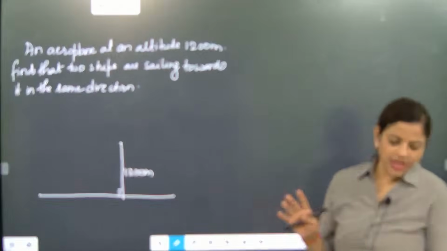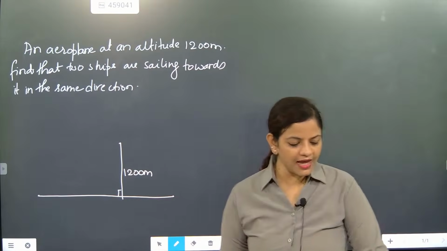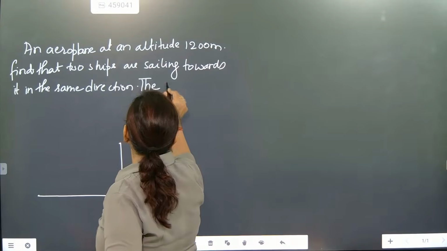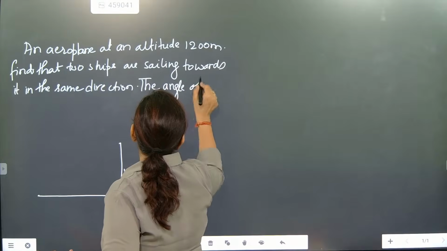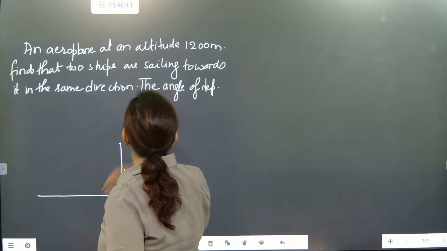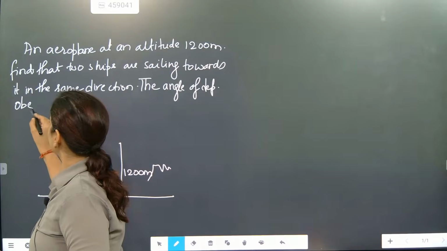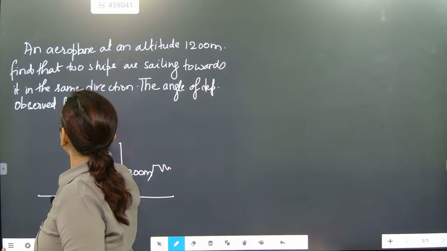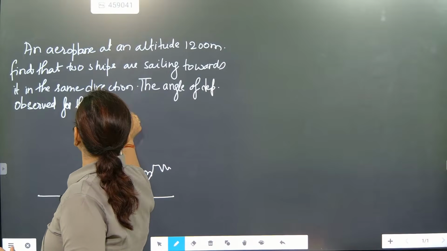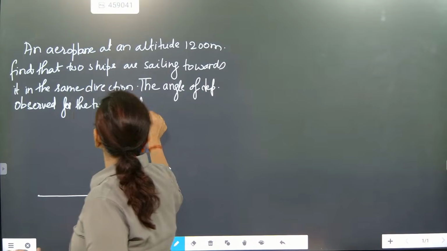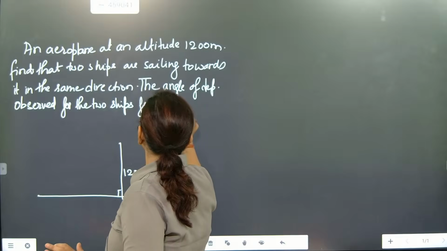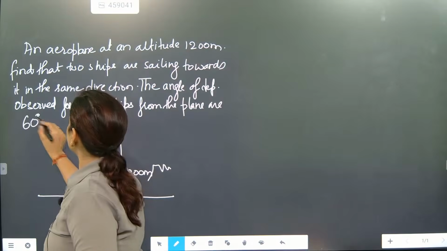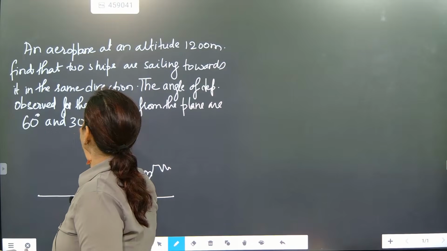Understood? The angles of depression of the two ships as observed from the plane are 60 degree and 30 degree.